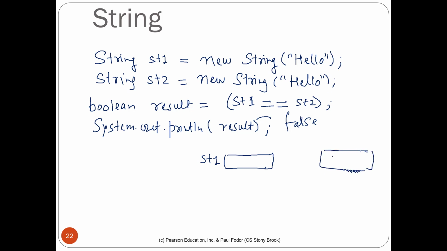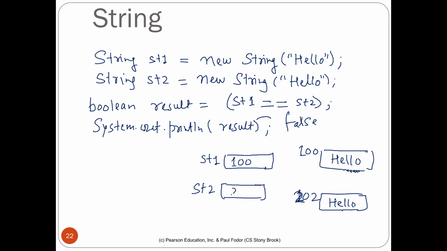You created a copy of hello and its address was 100. Let me make it very simple. So in st1 you actually had the address of the first copy of hello, which is 100, and when you created st2 again with the same string value hello, now it's a different memory location. Probably it is 102 or maybe 108, right? Let's make it 202. It will be more meaningful now. So in st2 you don't have hello. In st2 you have instead 202.